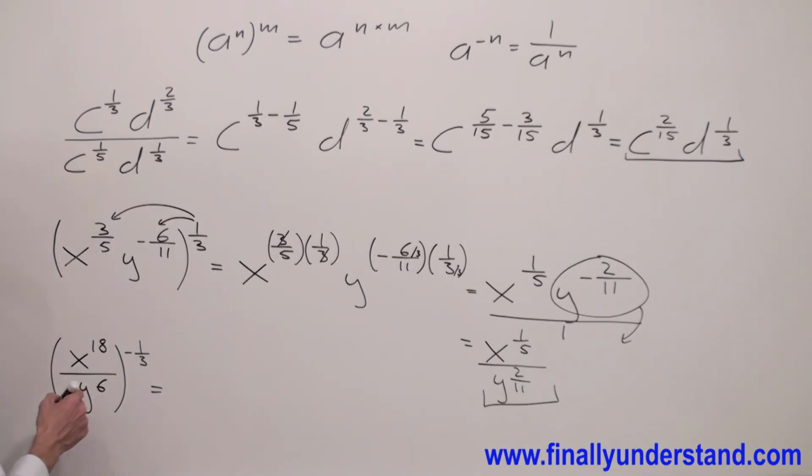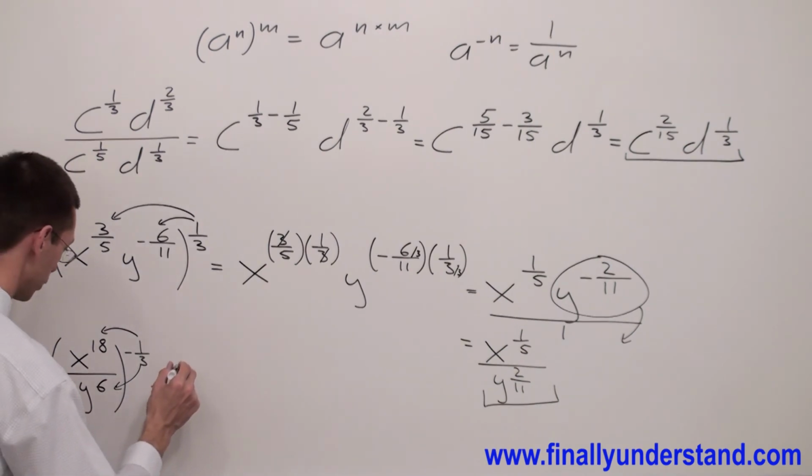I have a negative exponent outside of the parentheses, and I have exponents inside of the parentheses. So what I'm going to do, I'm going to multiply the external exponent by the internal ones.